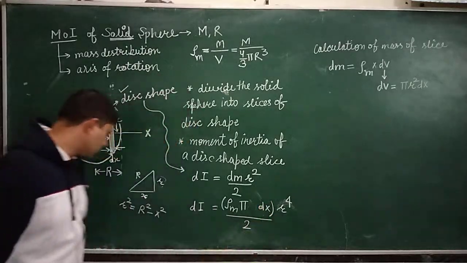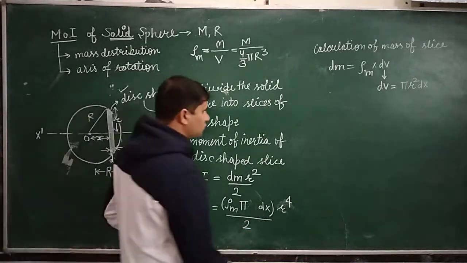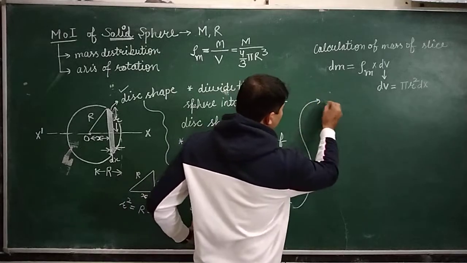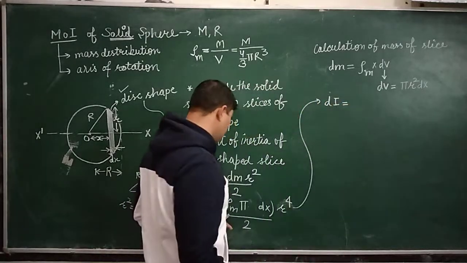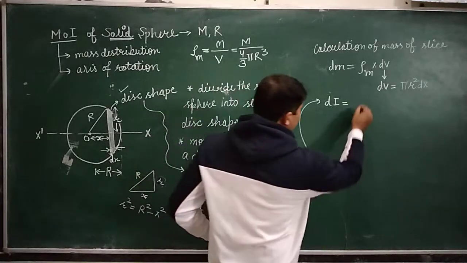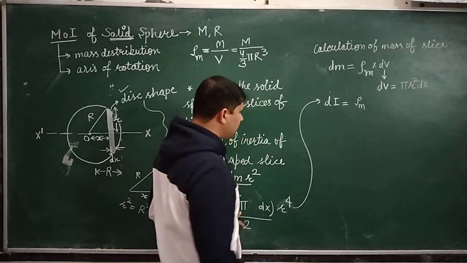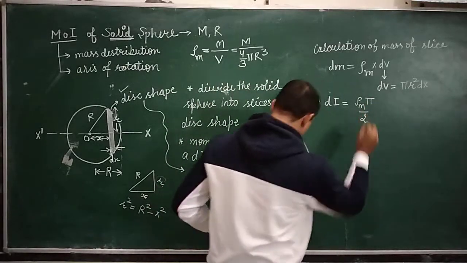Okay, and for that we will put the value of r square here. So the moment of inertia of the disc, the moment of inertia of the slice, which is of disc shape, will be volume mass density divided by, into pi divided by 2.